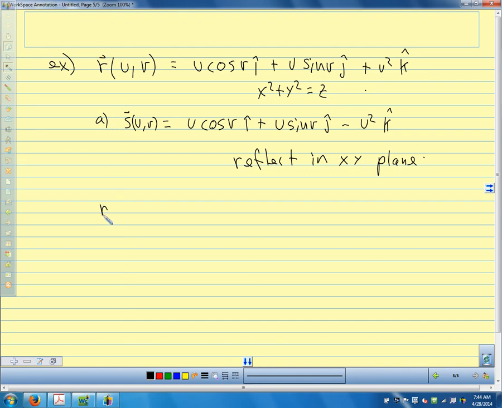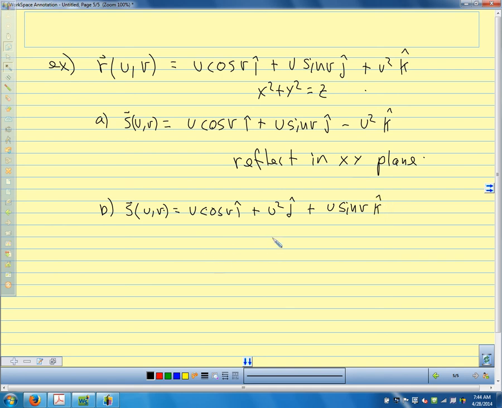So for this next one, we have S of u and v is u cosine v i hat plus u squared j hat plus u sine v k hat.